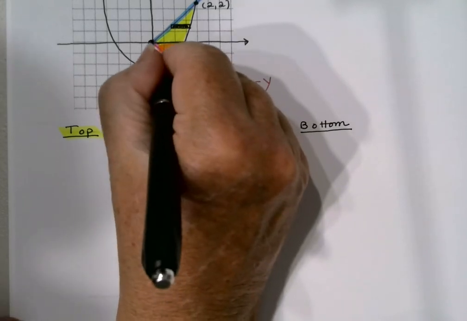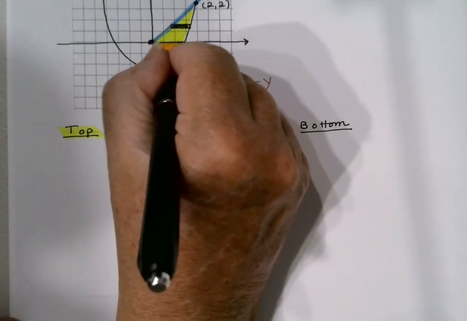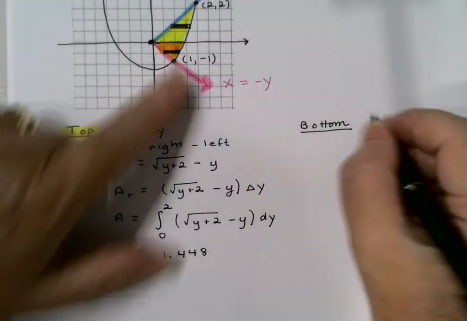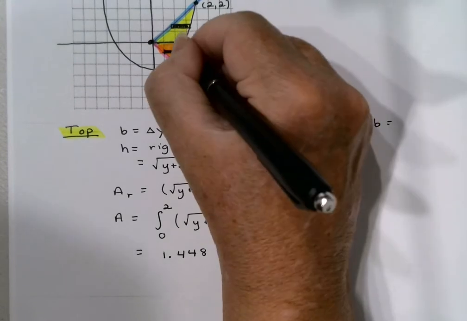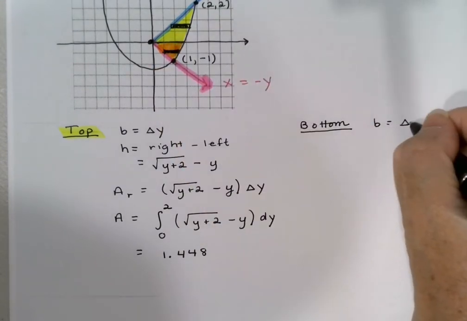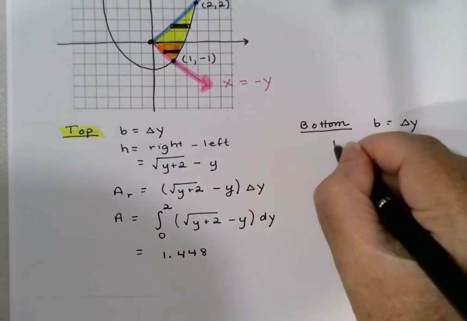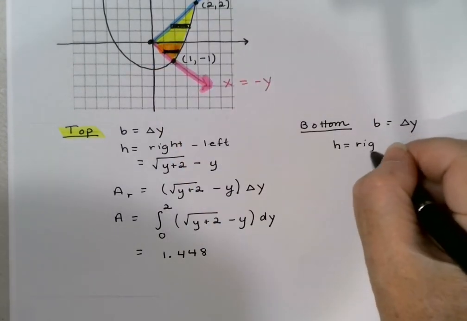All right, what about the bottom section? Down here. Once again, the base of the rectangle is this little short piece. It's in the y direction, so delta y. And for height, I'll go right minus left again.